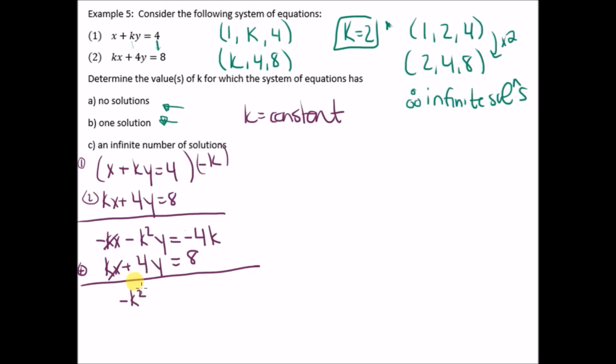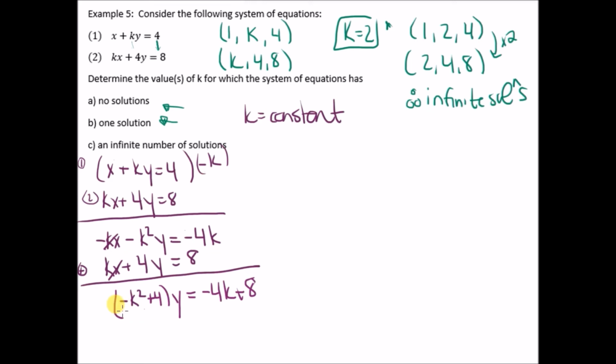So we write negative k squared plus 4, all times y, equals negative 4k plus 8. That is our equation right now, and all we did is multiply 1 by a constant and then add these equations.